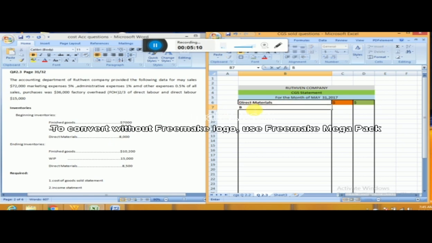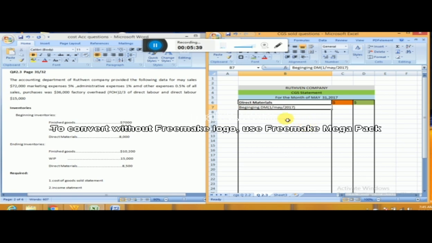So beginning materials, direct materials, I will write DM. Beginning direct material means on 1st of May 2017, these are those materials which come from the month of April.